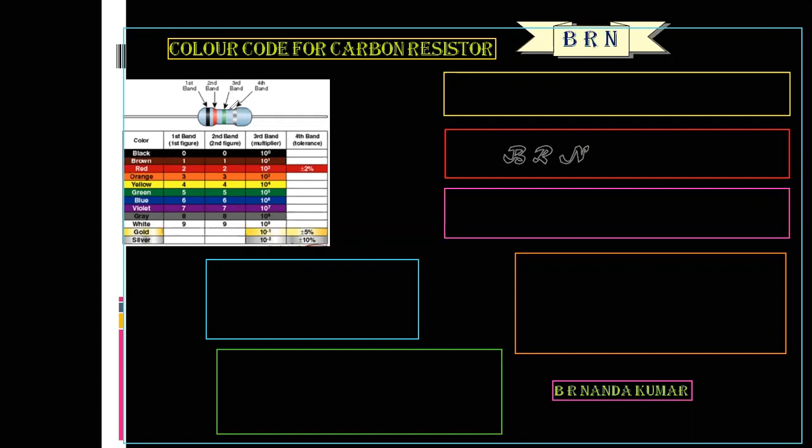This is a carbon composition resistor. So, by using colors, how do we find the value of resistance of the given carbon composition resistor? That is very important.